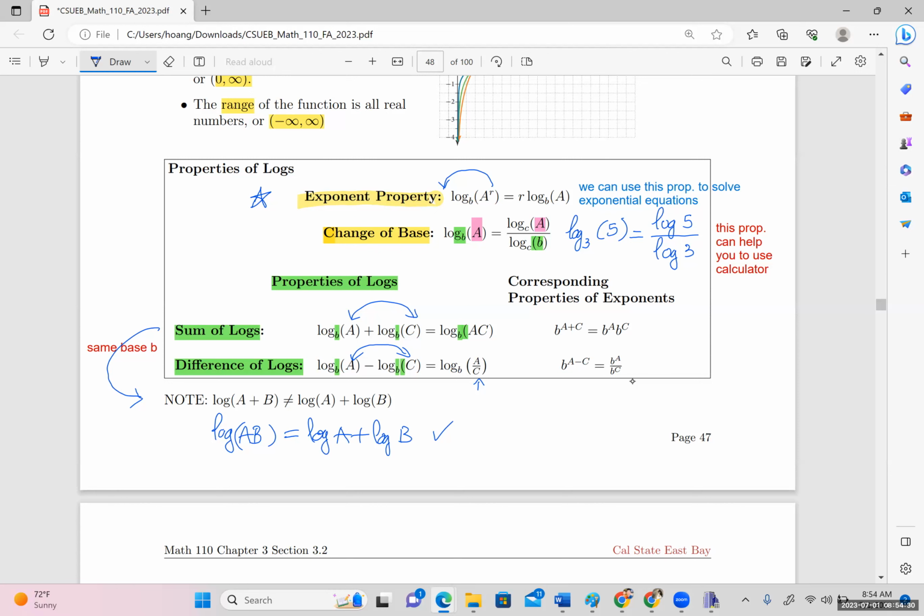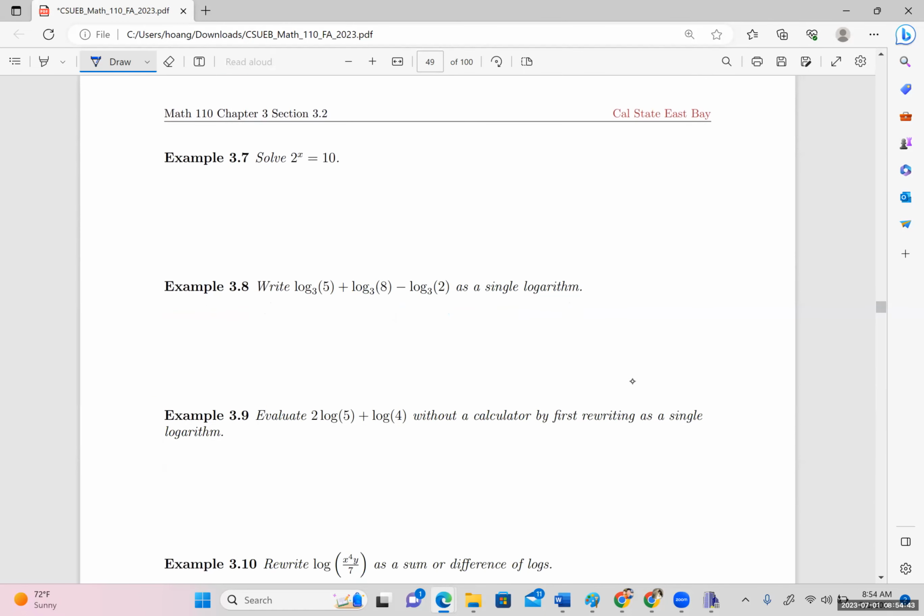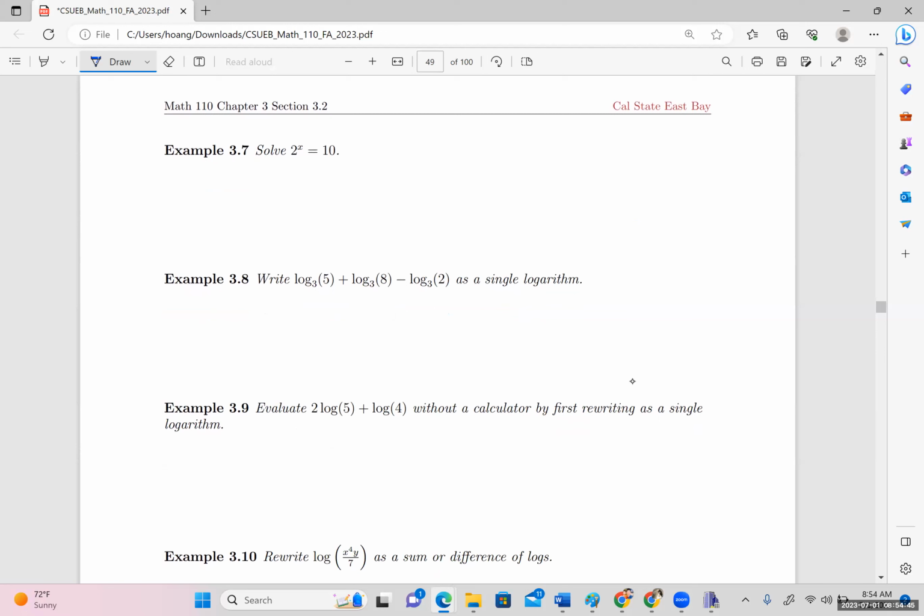Now let's think about how I can apply those properties in mathematics. So I'm going to move down. Okay, now I have example 3.7. We want to solve this exponential equation, right?